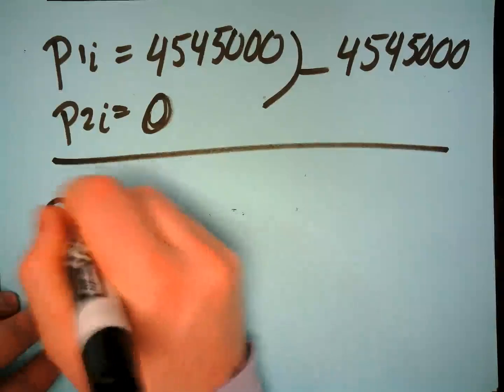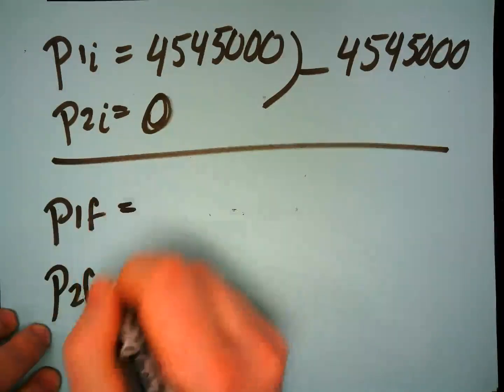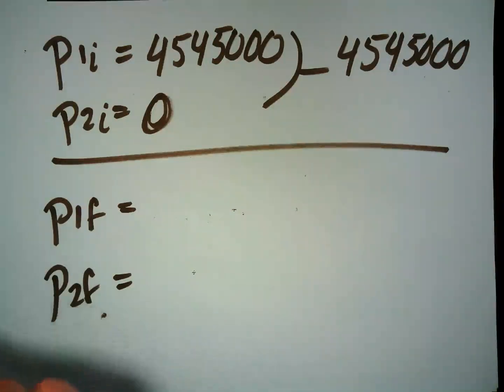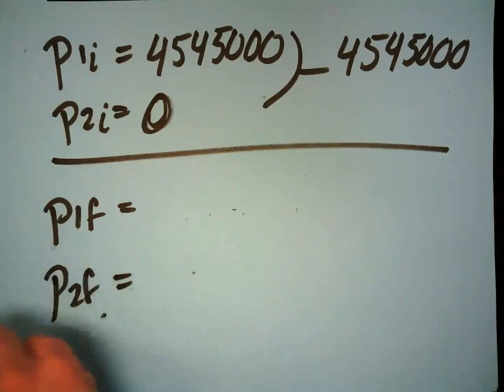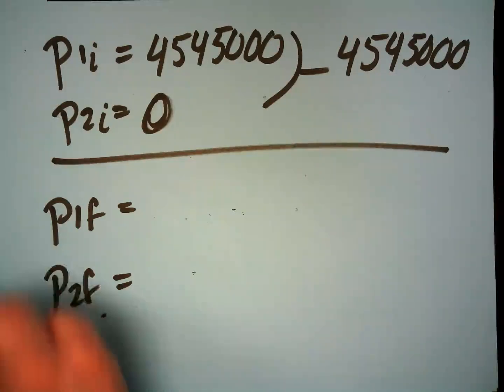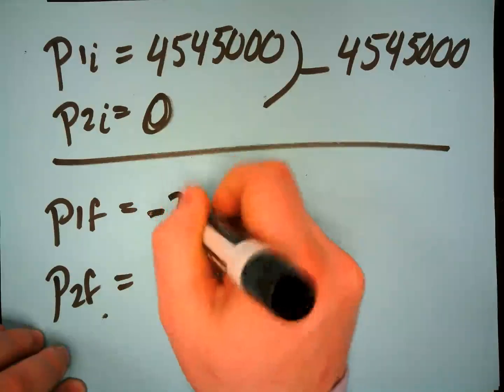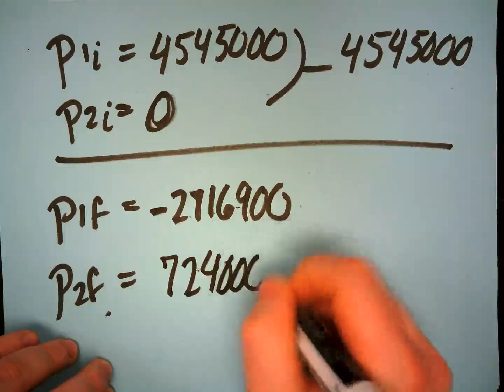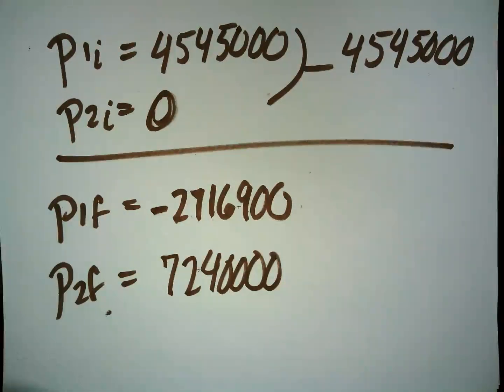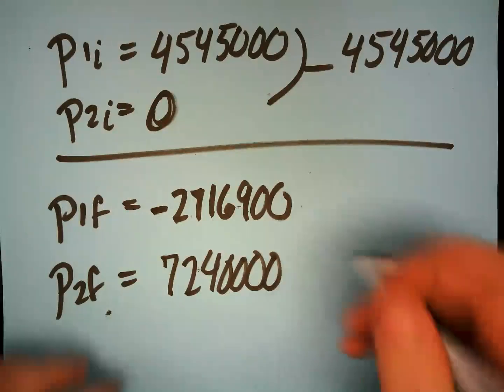So then P1F plus P2F: negative 2.69 times 10 to the 6th power times the mass 1.01 is going to be a negative 2716900, and then 1.81 times 10 to the 6th power times 4 is going to be 7240234, minus 2716900. And then putting these together, I get this.